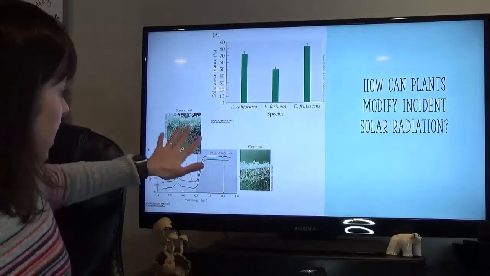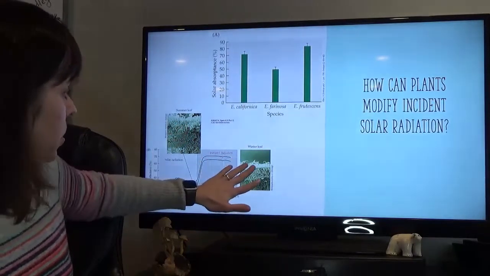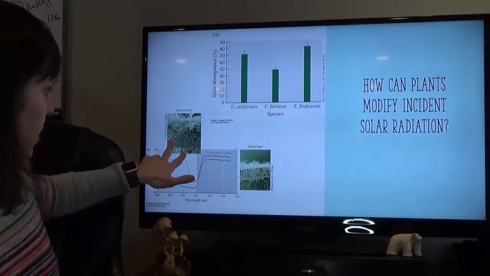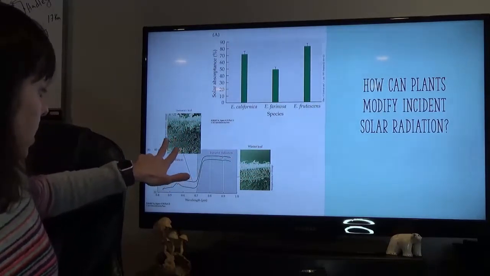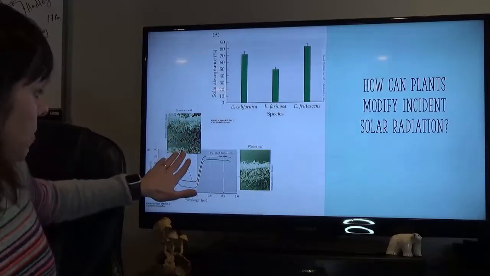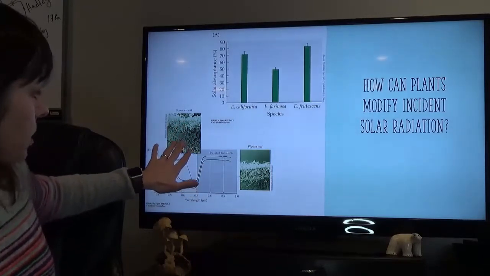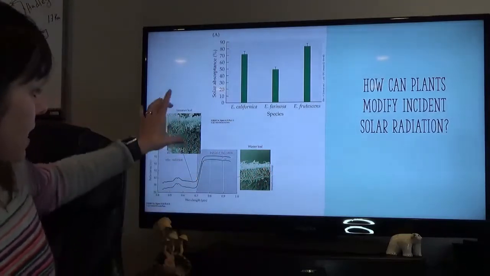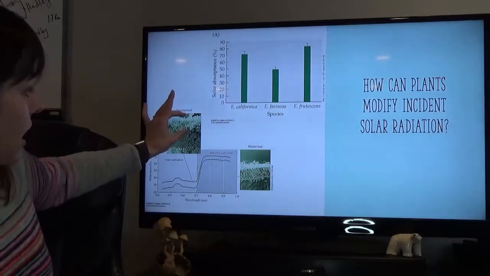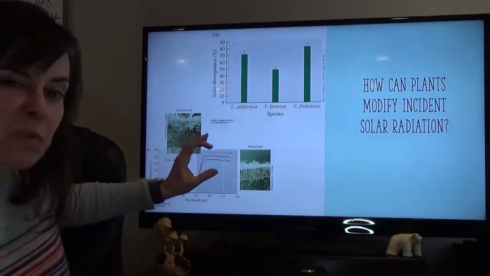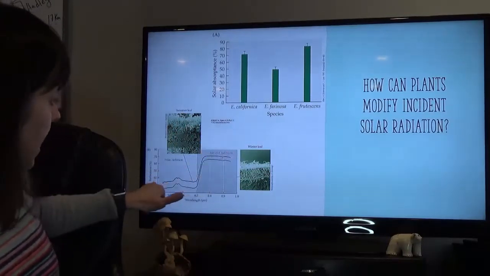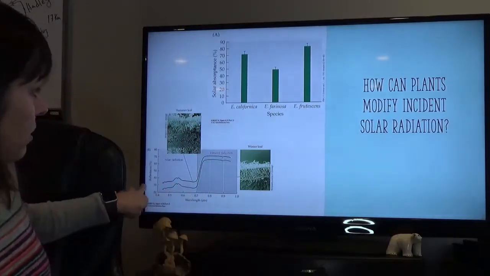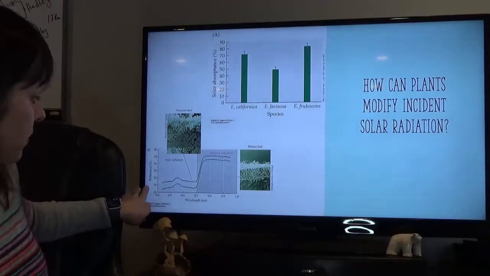And we can see the same thing for summer versus winter leaves in this particular species down here. These are micrographs. Here we have a seasonal response of pubescence, where our summer leaves have a much thicker hairy surface than our winter leaves, and this has a direct impact on the amount of solar radiation that's reflected. So here, instead of solar absorptance, we have solar reflectance.